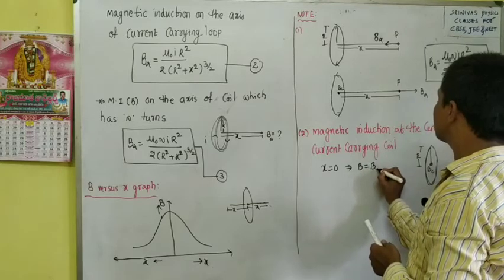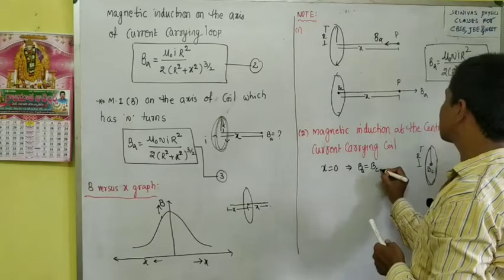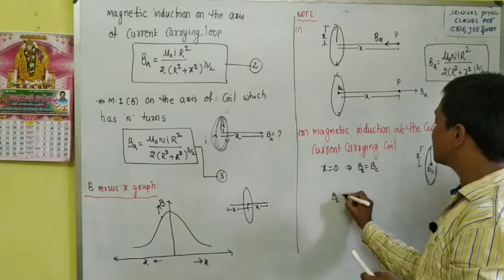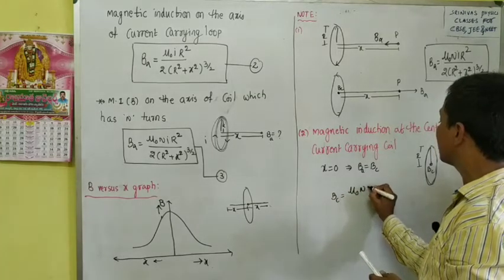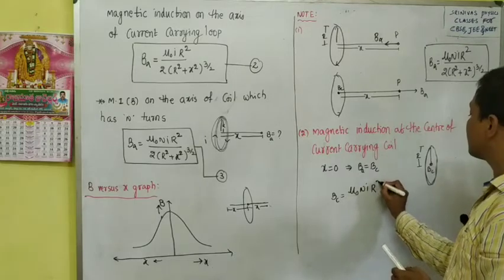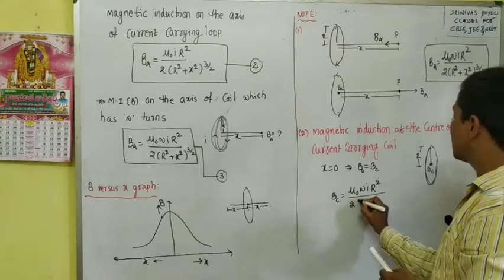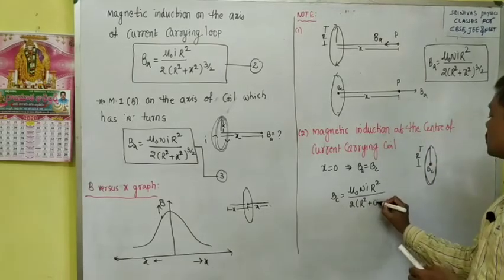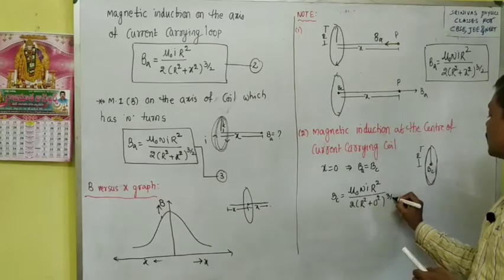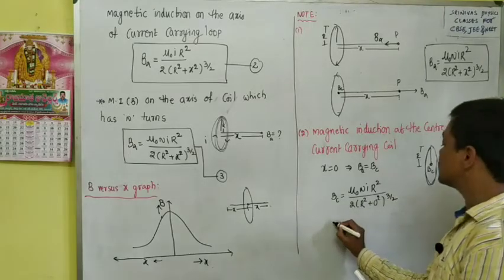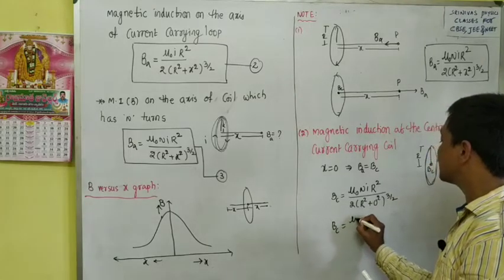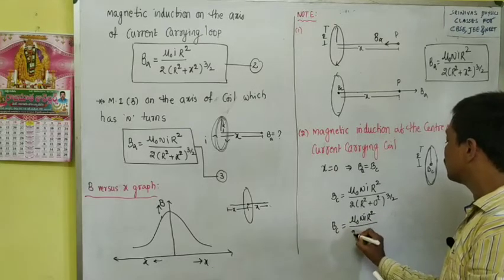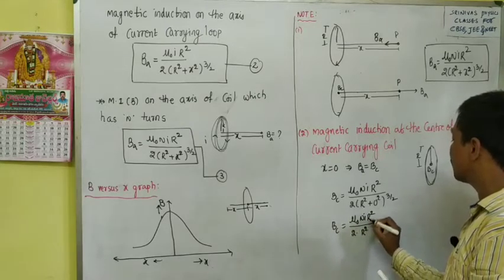The magnetic induction on the axis equals the magnetic induction at the center when x is 0. Substituting, the magnetic induction at the center is mu naught N i r square by 2 of (r square plus 0 square) whole power 3 by 2.